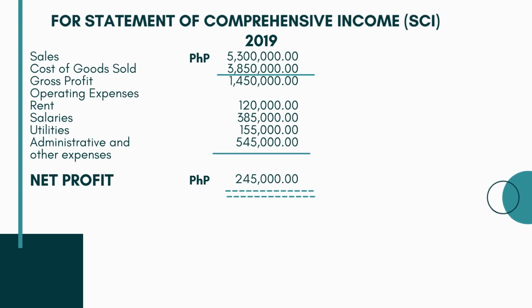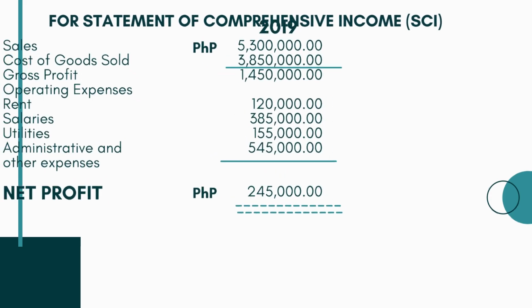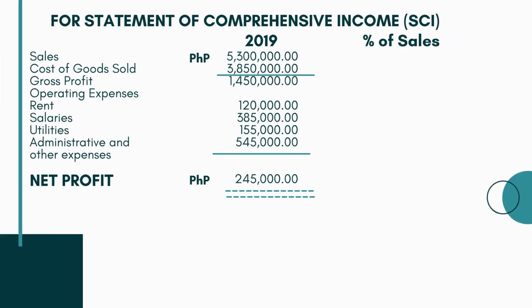And here is the example for Statement of Comprehensive Income or SCI. In 2019, we have sales total of 5,300,000. Cost of goods sold, 3,850,000. Gross profit, we have 1,450,000.